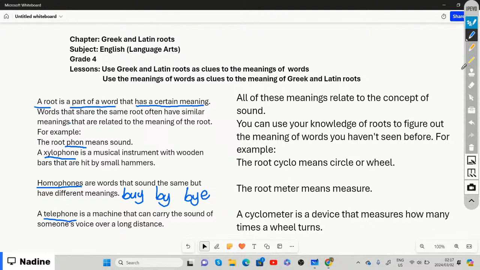And then we have the root meter. The word meter means to measure, right? So meter means to measure, cyclo means circle or wheel.